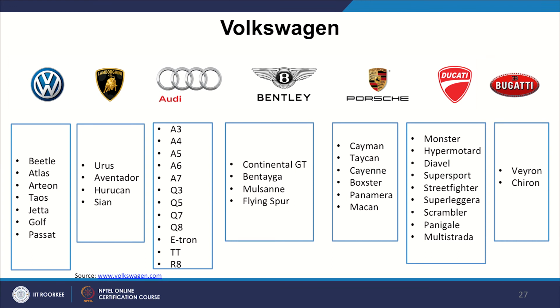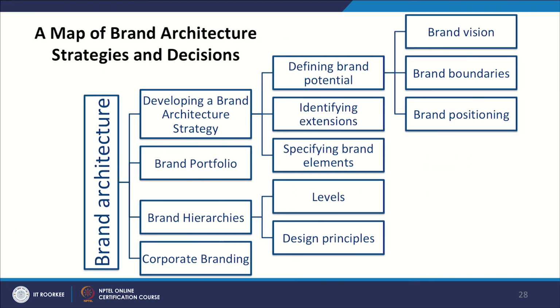This completes our discussion on brand architecture, and just for 30 seconds, look at this chart of brand architecture. We talked about developing a brand architecture strategy, brand portfolio, brand hierarchies, now corporate branding, which is one of the most desired outcomes of our branding exercise or branding thought process or branding architecture.